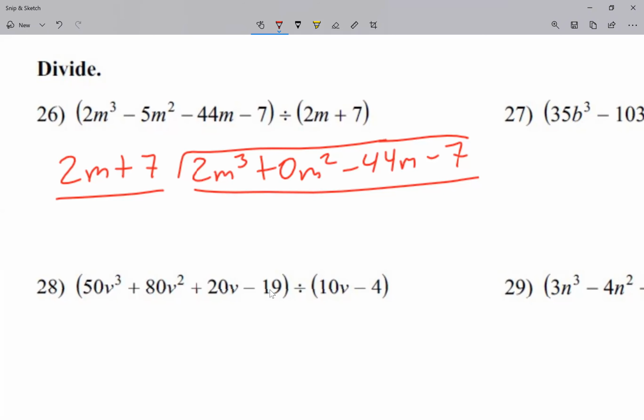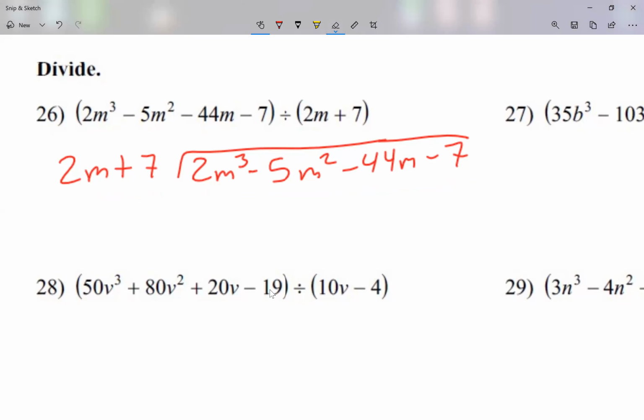So if we don't have it, you put a 0 for it. In this case, we do have an m to the second. So I'm just going to write that as minus 5m to the second. Again, we cannot skip any exponents. If we don't have one, put a 0 for it.